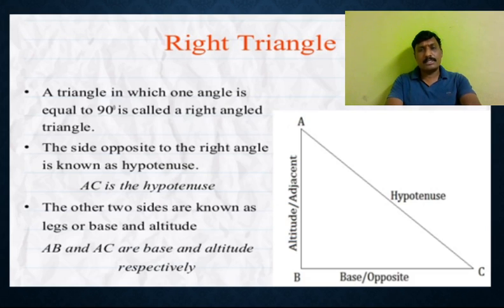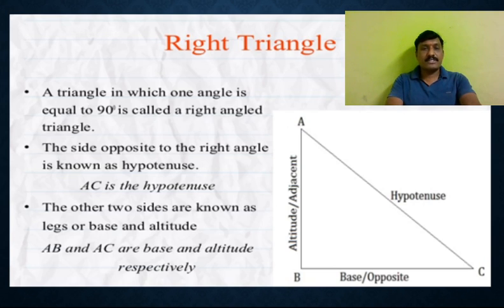Also you learned that the side opposite to the greatest angle is the longest side. Here the greatest angle is 90 degrees, so the side opposite to it is the longest side. This longest side is called the hypotenuse.